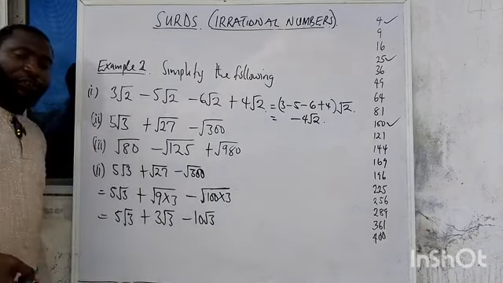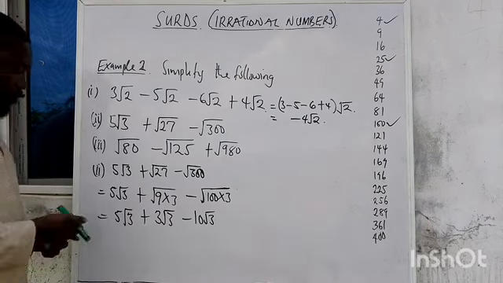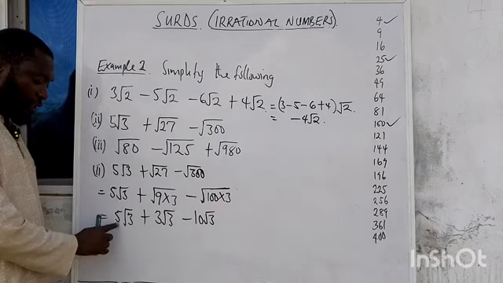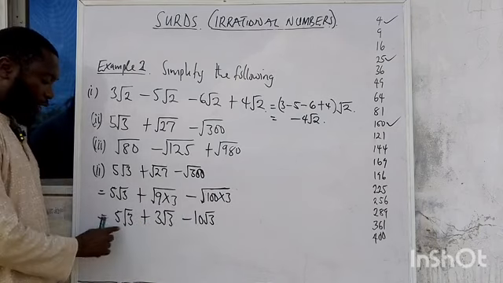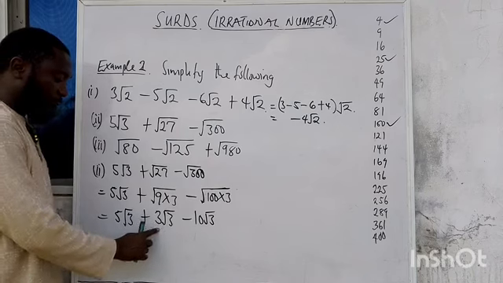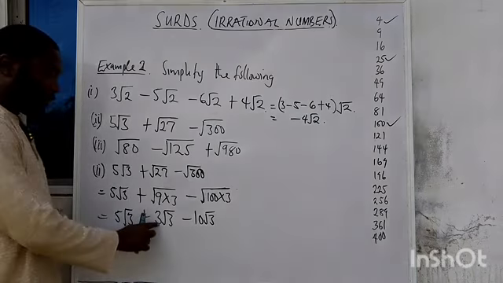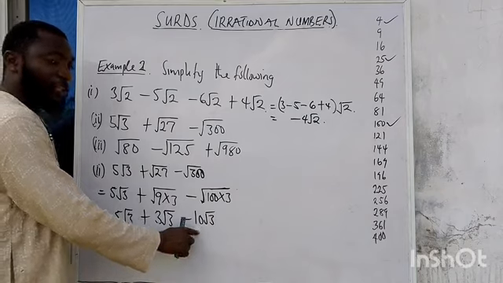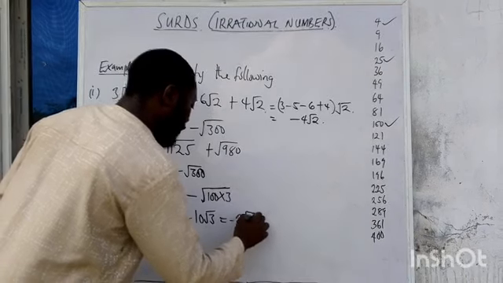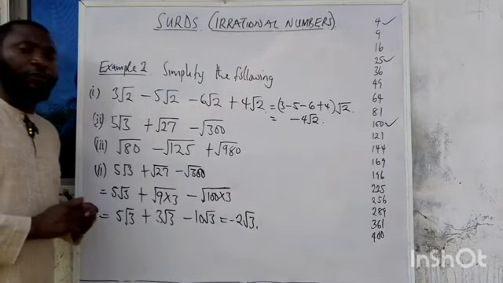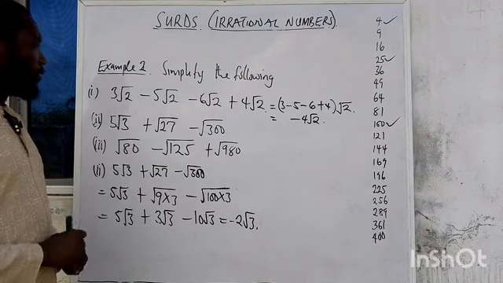Now we want to add and subtract, so you add the coefficients. The coefficient here is 5, here is 3, here is negative 10. So now 5 plus 3 minus 10. 5 plus 3 is 8. 8 minus 10 is negative 2. So minus 2 root 3. And that is just the end of this question.